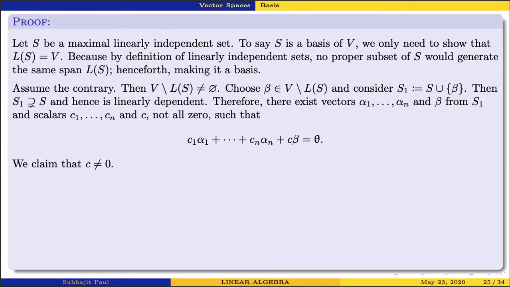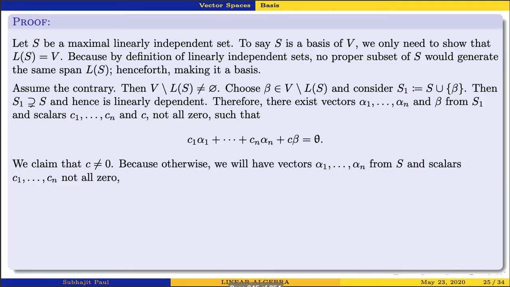We claim that C is not 0, because if C is 0, then C1 alpha 1 plus C2 alpha 2 up to Cn alpha n equals theta with C1 to Cn not all 0. That contradicts the fact that S is linearly independent.